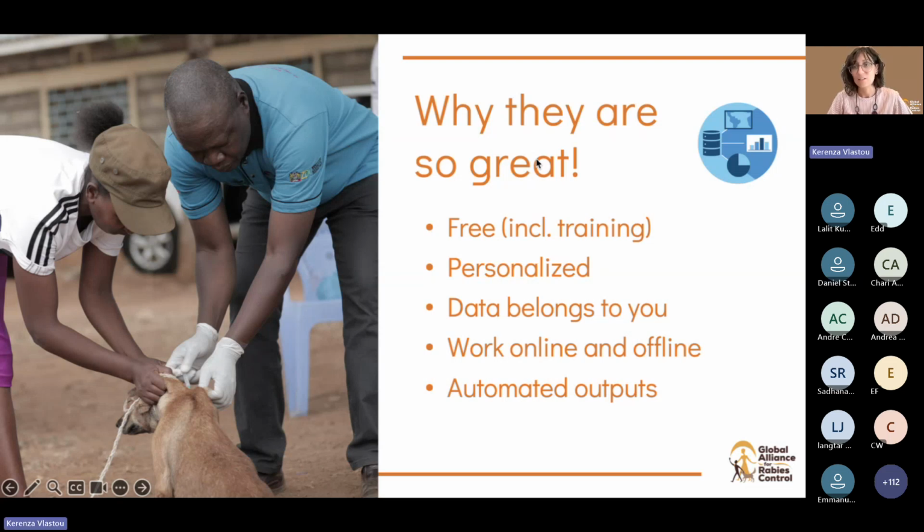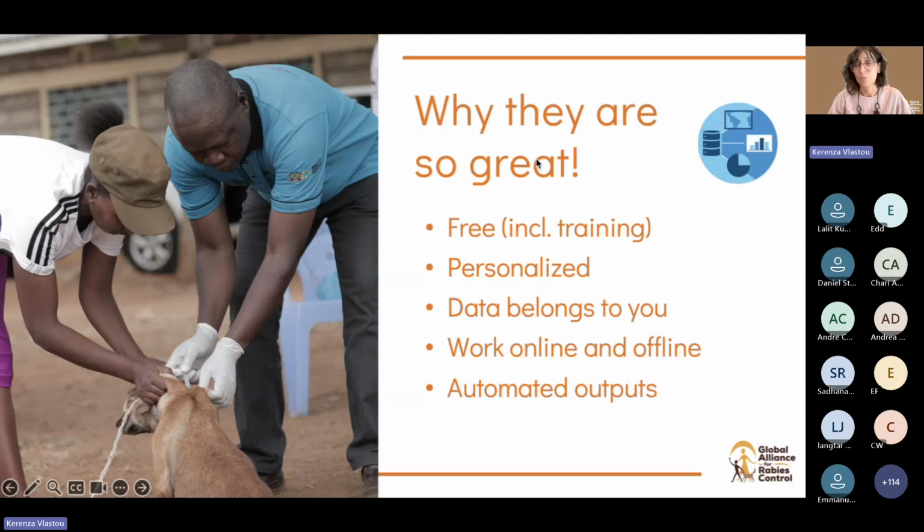They are personalized, so you choose what you want to track, depending on the work that you do and what areas you cover. The data belongs to you. If we get written consent, we can use your data to showcase to other organizations how these tools work, but essentially the data is yours.